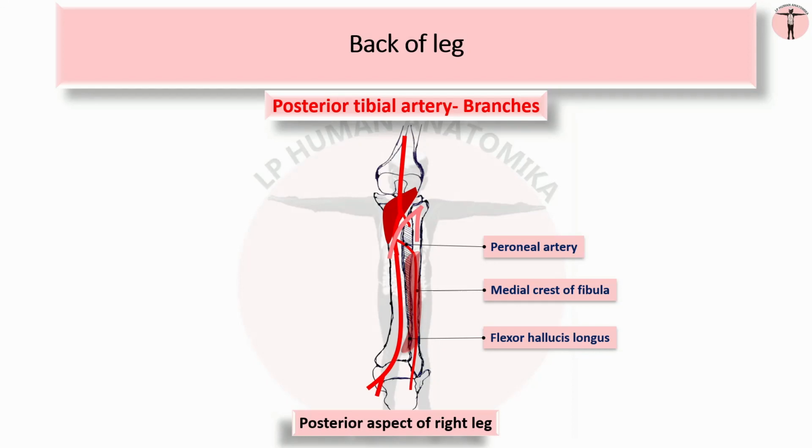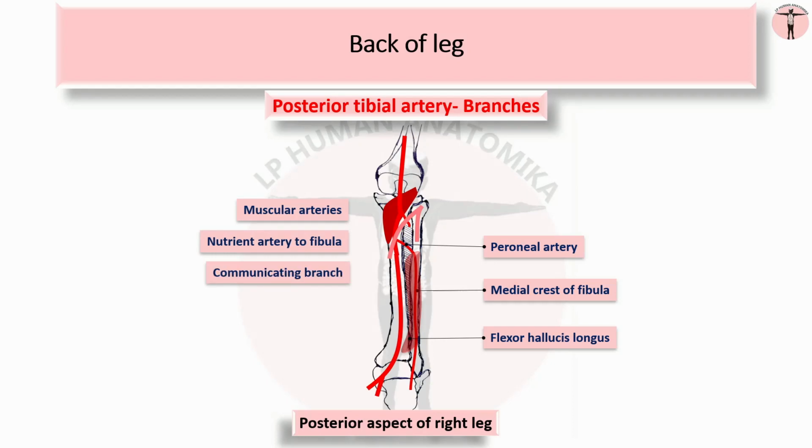The peroneal artery gives off numerous muscular branches, a nutrient artery to the fibula, a communicating branch which communicates with a branch from posterior tibial artery, and a perforating branch which pierces the interosseous membrane to reach the lower part of front of the leg and ends as calcaneal branch by taking part in the anastomosis around the ankle joint.